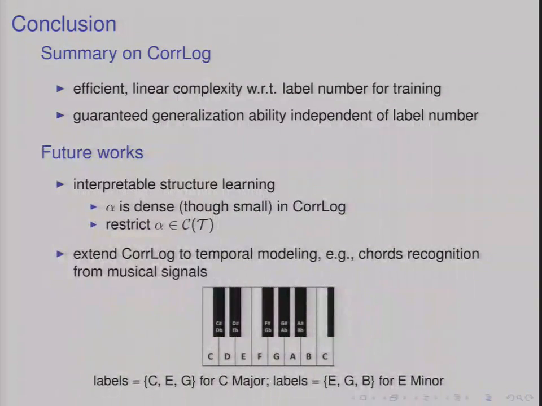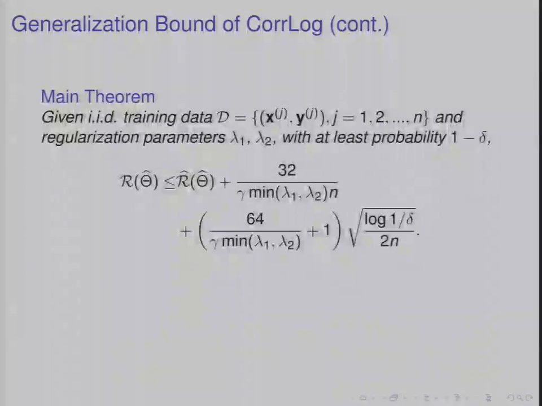This guarantee does not mean that on every data set, CorrLog has a good performance. But it means that the difference between testing error and the training error could be small. It can be bounded. If the training error is still large, then the testing error is also large. Yeah, I think this is the answer.